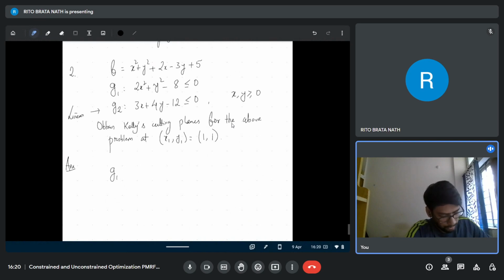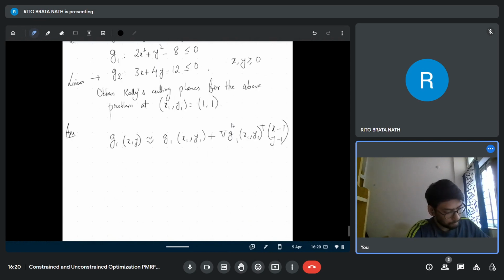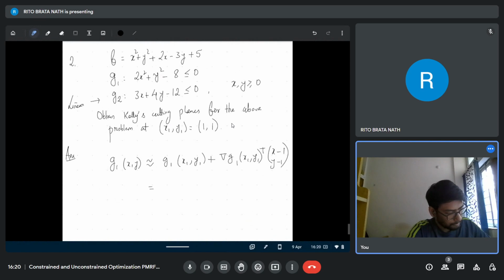Suppose g1(x, y) is approximately g1(x1, y1) plus grad of g1(x1, y1) transpose times (x minus x1, which is 1, and y minus 0). So this one you can put 1 and 0, and we'll get minus 5.